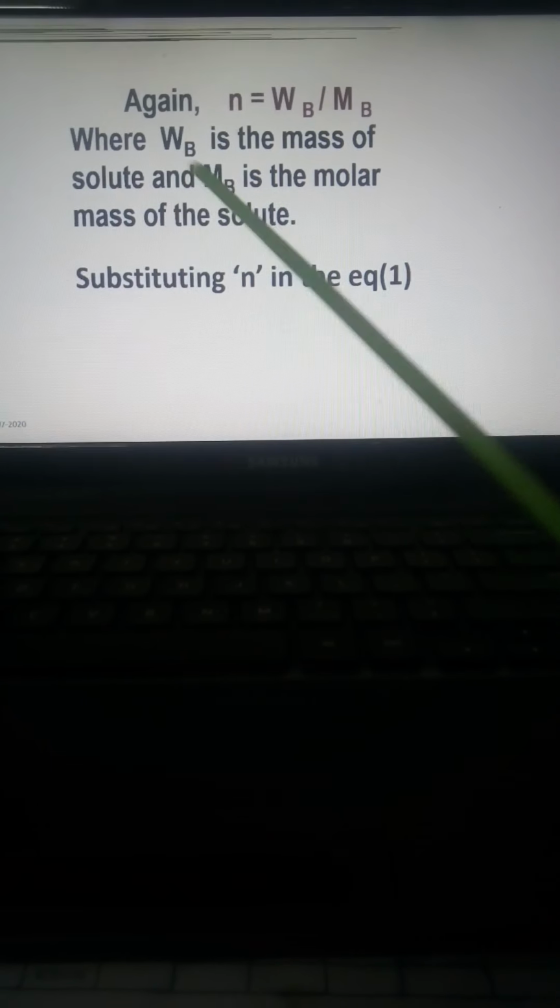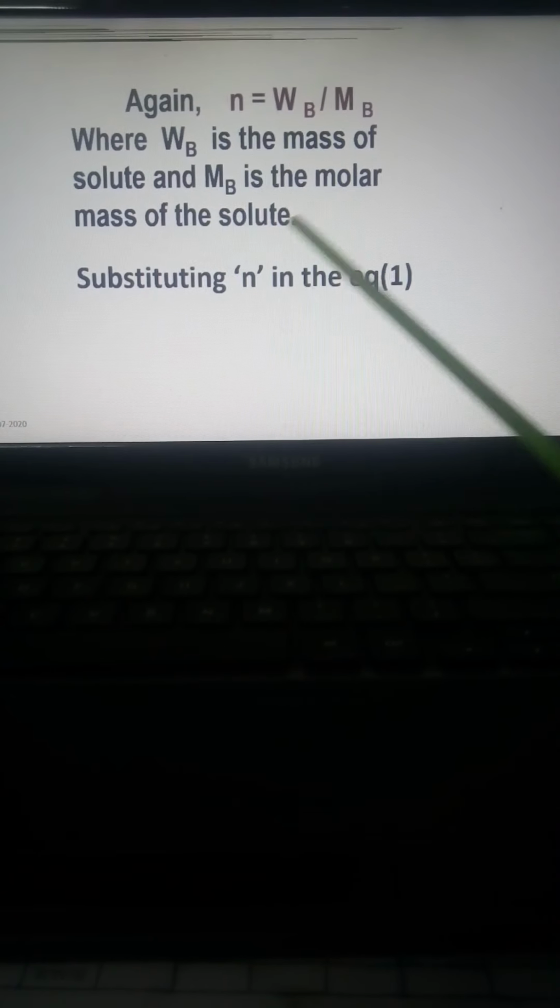Again, n, the number of moles, is the given mass divided by the molar mass, that means WB by MB. Here WB is the mass of solute and MB is the molar mass of solute.